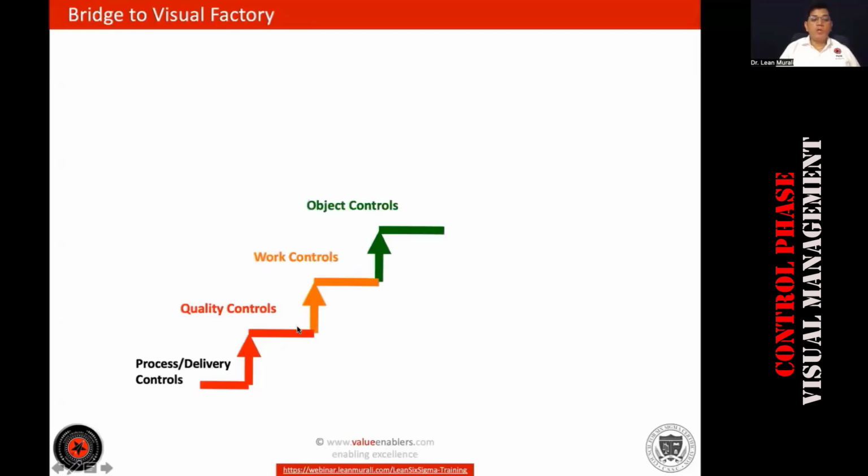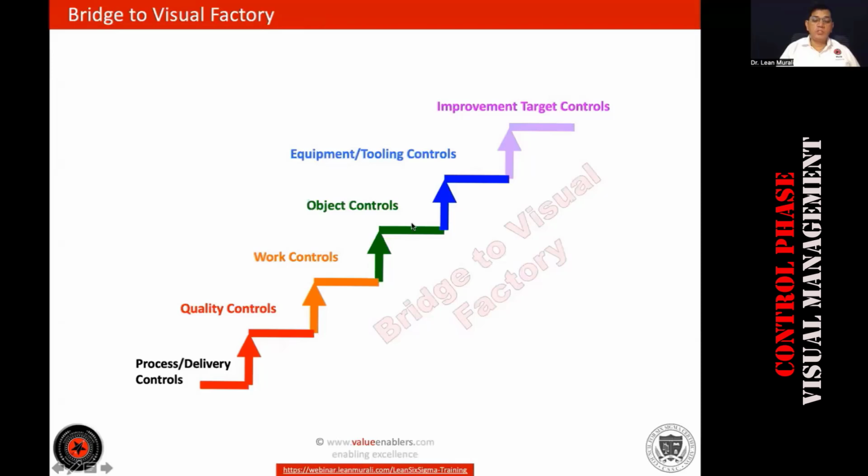Quality controls, work controls, object controls, equipment and tooling controls, improvement target controls. So this is the bridge to visual controls. So visual management can be applied to process controls, quality controls, work controls, object controls, equipment controls, improvement target controls.